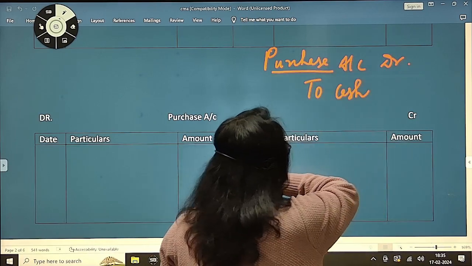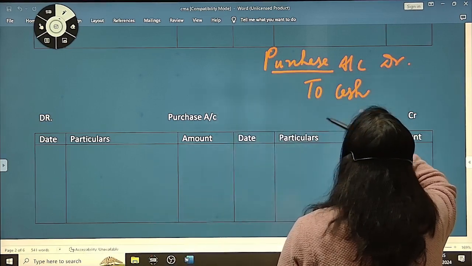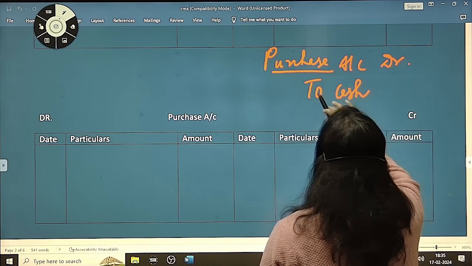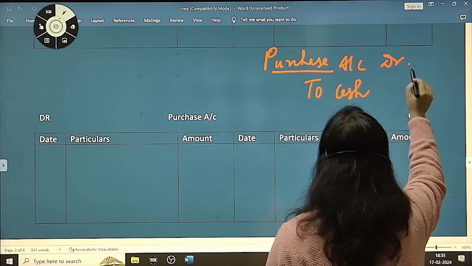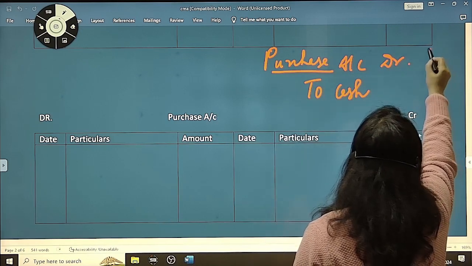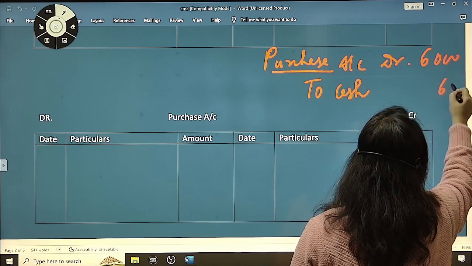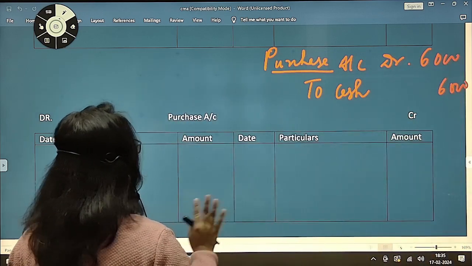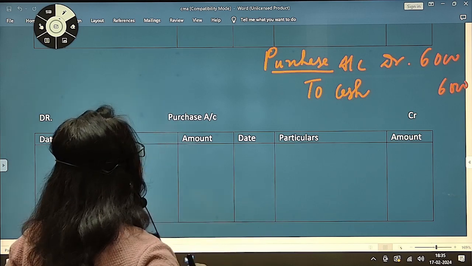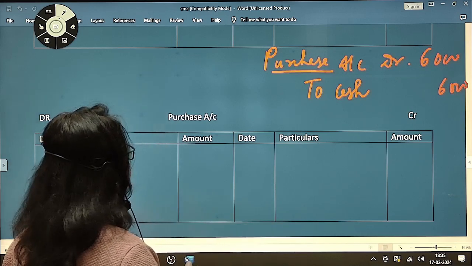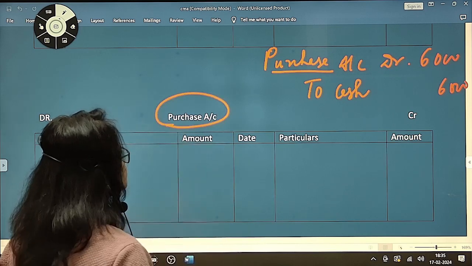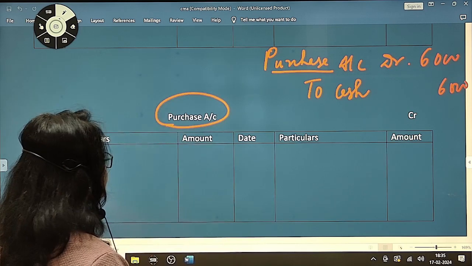So purchase account is debited, and when goods are sold, sales account is credited. So purchase account debit to cash account. What is the amount? 6,000. So in purchase account ledger posting, what will we write? Which side will we write?